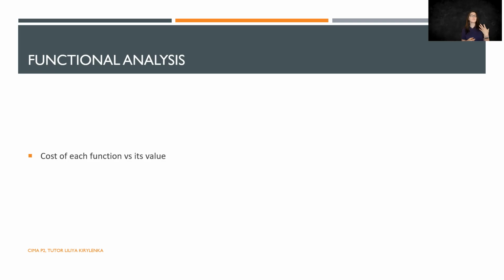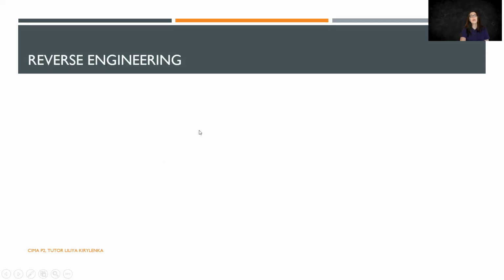Then we will try to think how much the customer will be willing to pay over. So if we have a base case phone and one has a 10-hour battery and the other has a 12-hour battery, what will be the possible change in price? And then we will compare this change in cost with the change in benefit. This is what is called functional analysis.